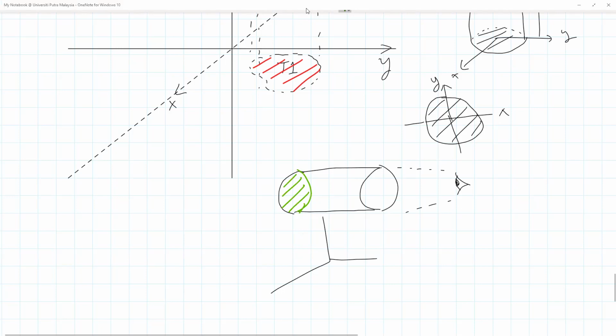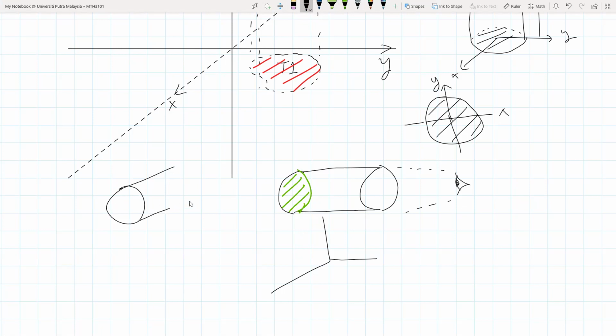Same thing, if I want to orient my pipe in the other direction, say this direction, so this is on the YZ plane.